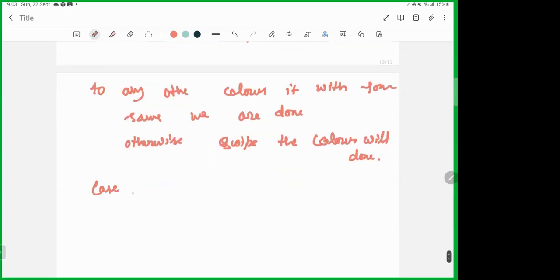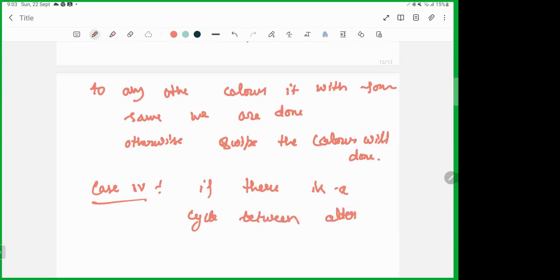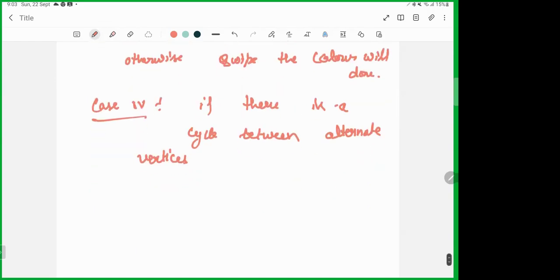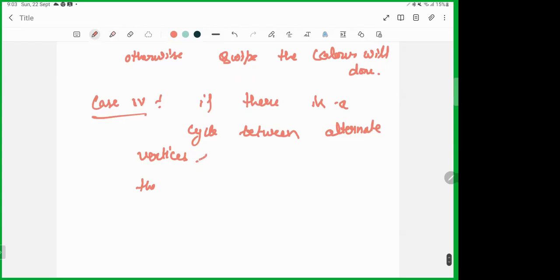Case 4, if there is a cycle between alternate vertices, say W1 and W3, then color W2 and W4 the same, since they cannot join.